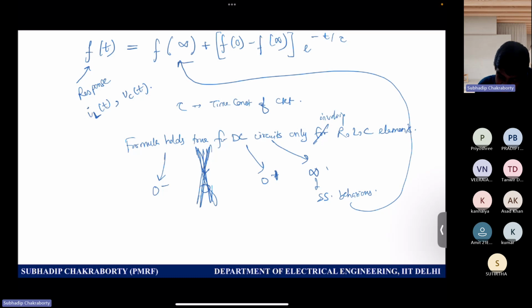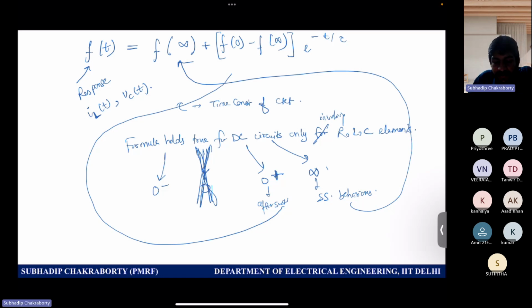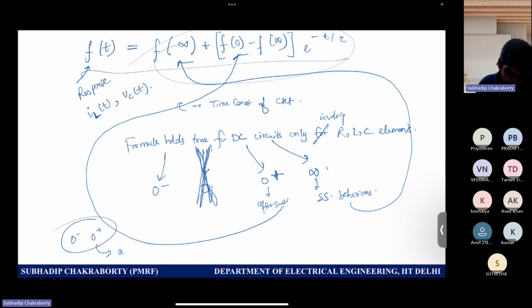The 0 plus means after switching instance you analyze, plug in the value here, and then you get the final value. Because 0 minus and 0 plus for any inductor or capacitor, things will not change instantly because we don't have a always similar analogy.